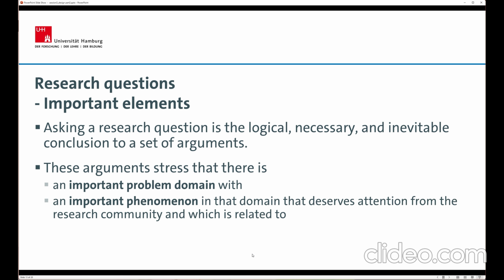And in these broad problem domains, there's a particular important phenomenon that deserves attention from the research community. For example, the fact that ChatGPT is available and students can use it both to improve their learning and to cheat on examinations. Or that generative AI is available to firms that they can exploit for positive effects or for anti-competitive behavior.